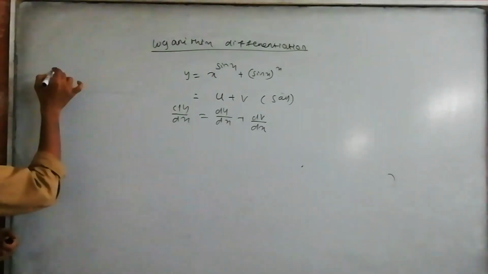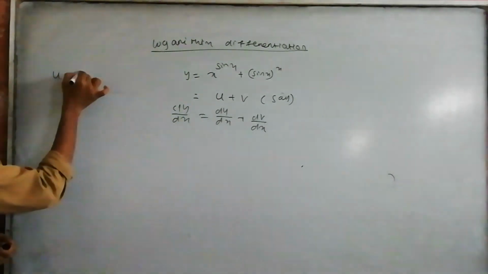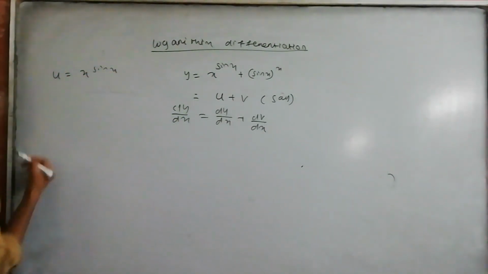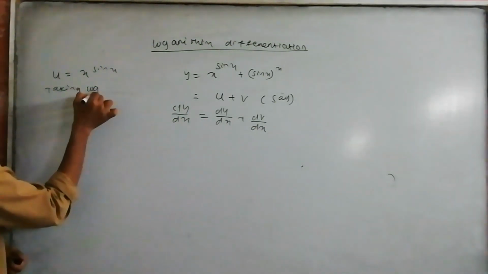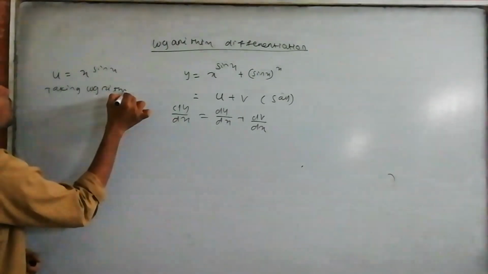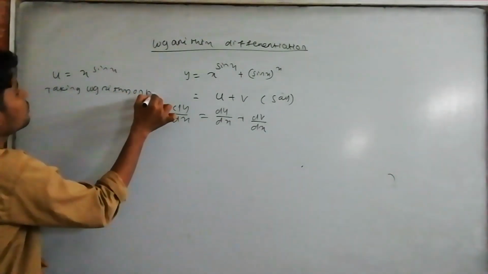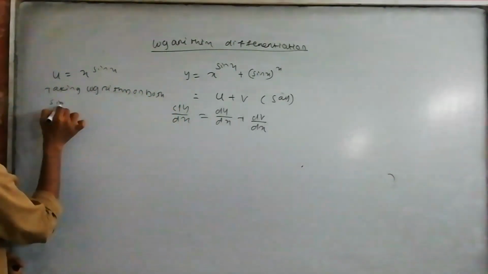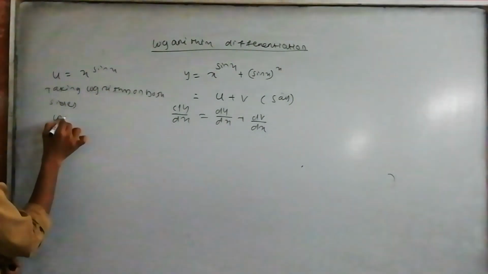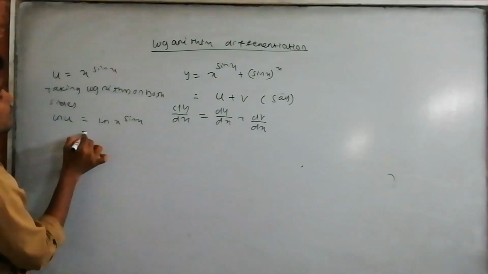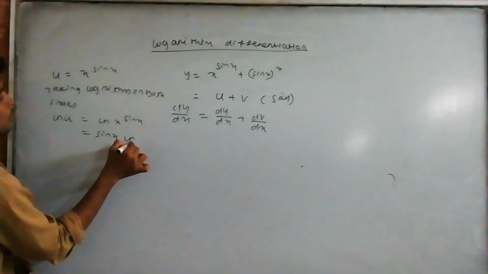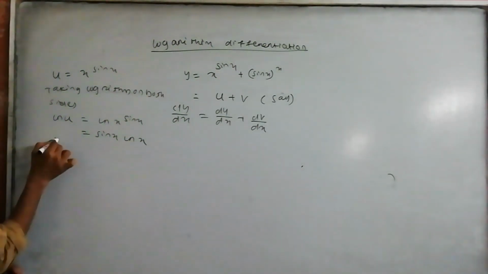If u is x to the power sin x, so taking logarithm on both sides, what you get? ln u equal to ln x to the power sin x, and you get sin x ln x. Simply differentiate on both sides.